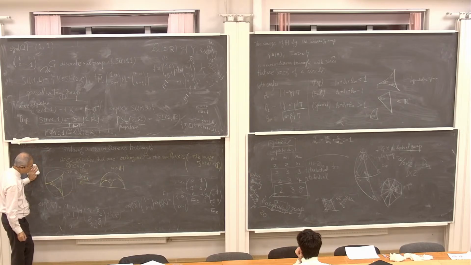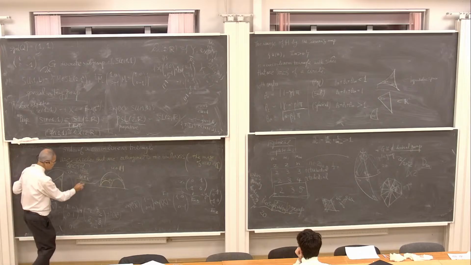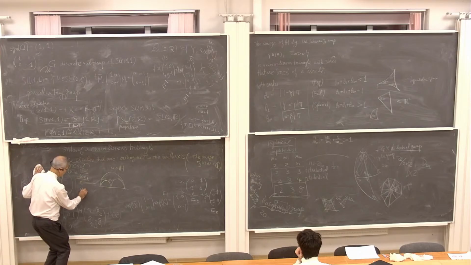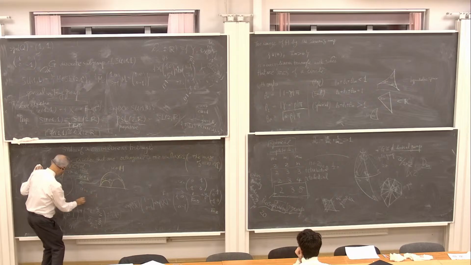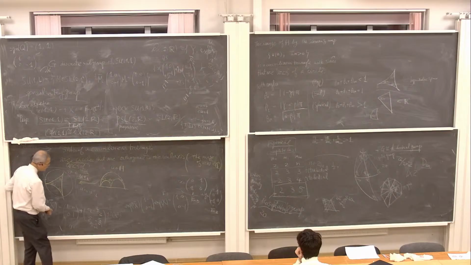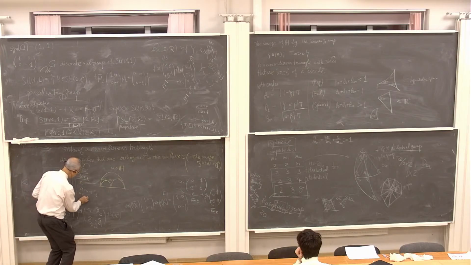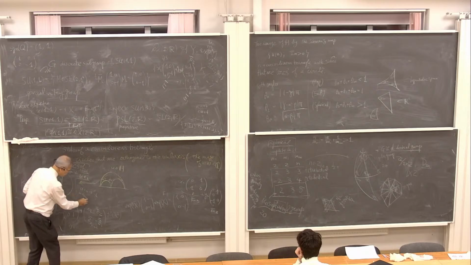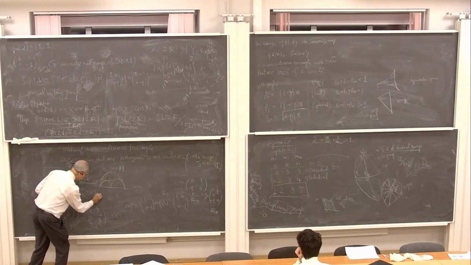As you see, u equals 0 will go to minus 1. So it is here, minus 1. And u infinity will go to v equals 1.